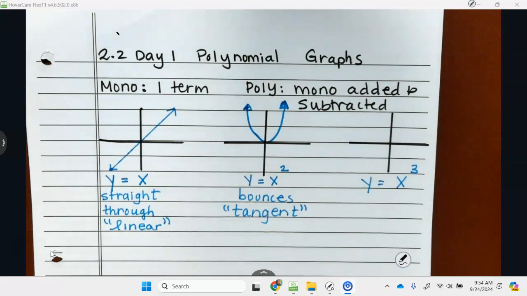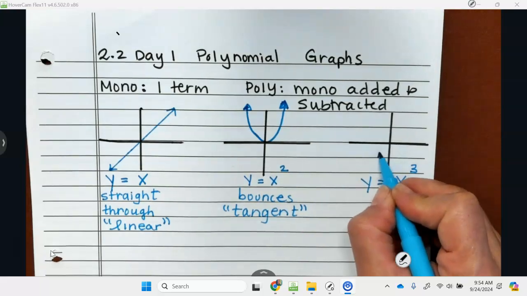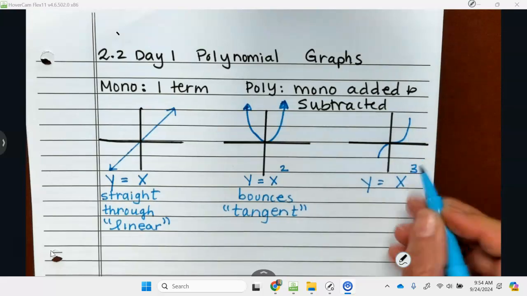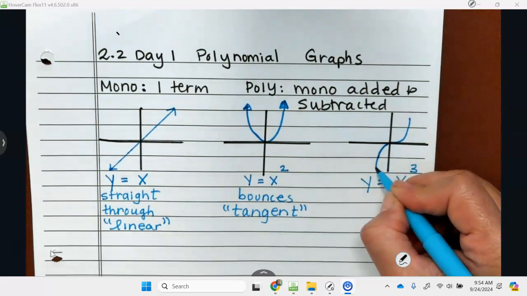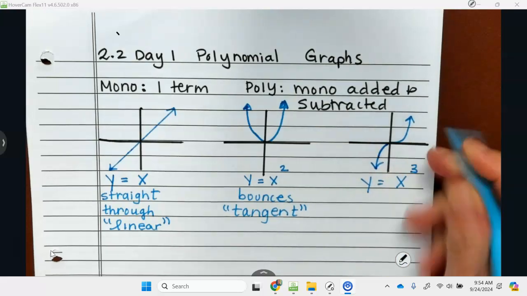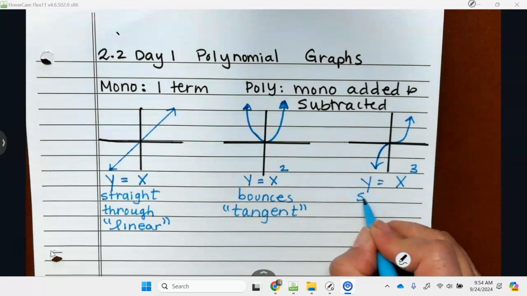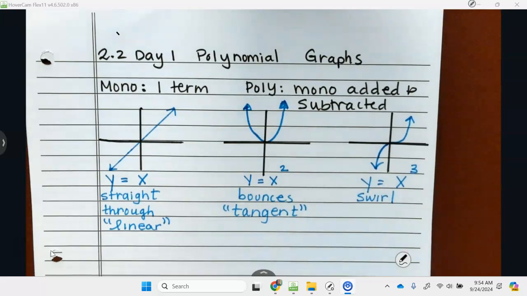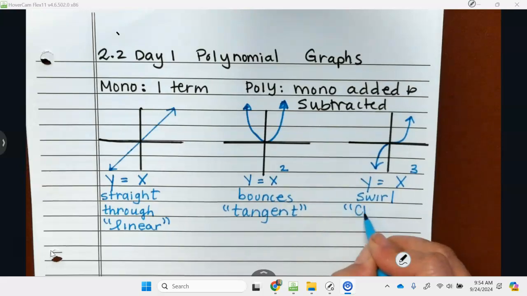And then the cubic function, the party animal, when it gets around the x-axis, it has so much fun, it creates a little swirl. That little swirl is always going to happen when it approaches the x-axis. And y'all, the formal name for the swirl is called change in concavity.